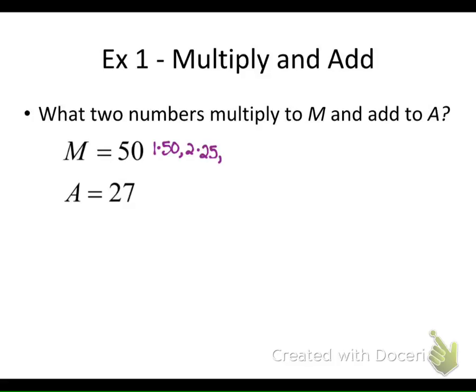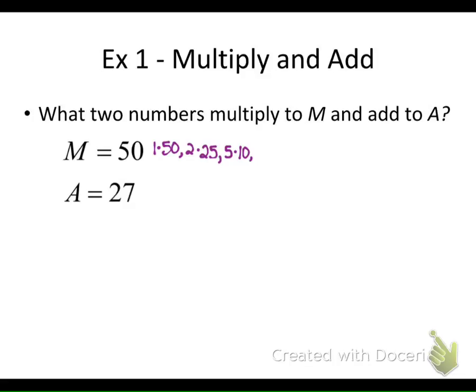No. What about 5? Yes. 5 times 10. 6? No. 7? No. 8? No. 9? No. And then we're back at 10. Okay, so then we can stop from here.